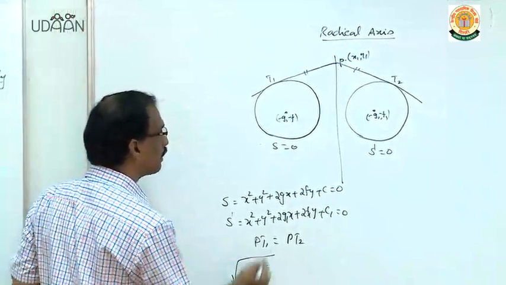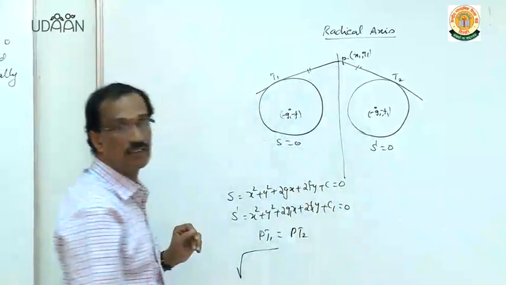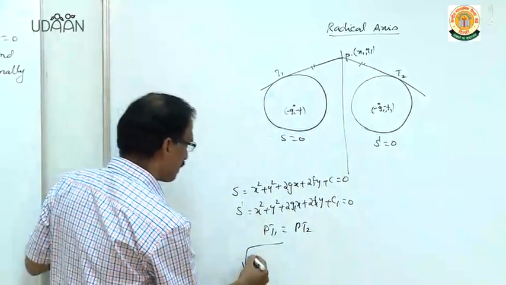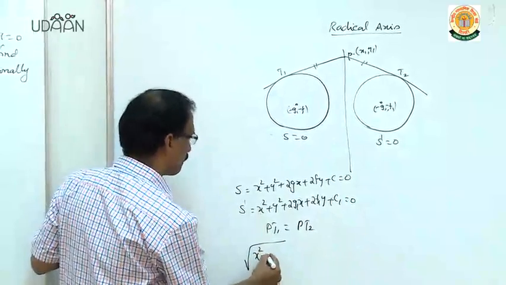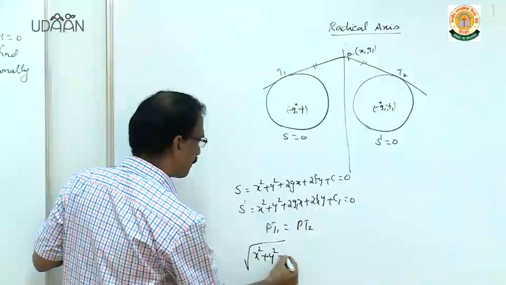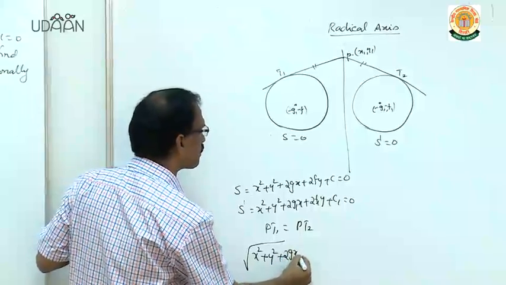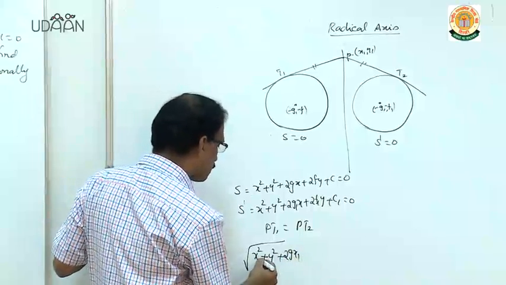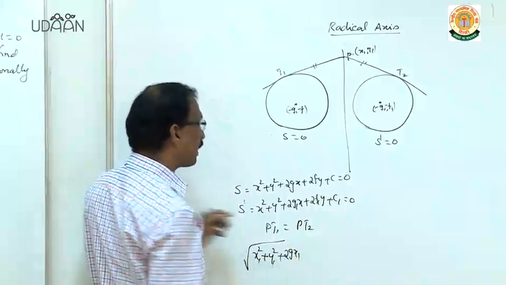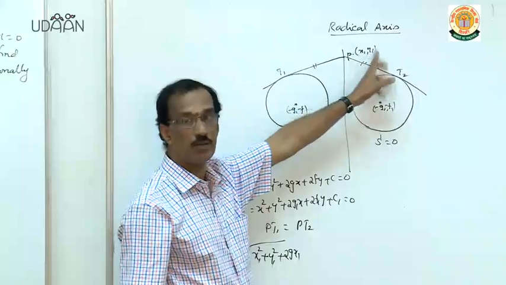Root of, that is you get as length, x square plus y square plus 2gx1. Here also x1 square y1 square, because the point is x1 y1.